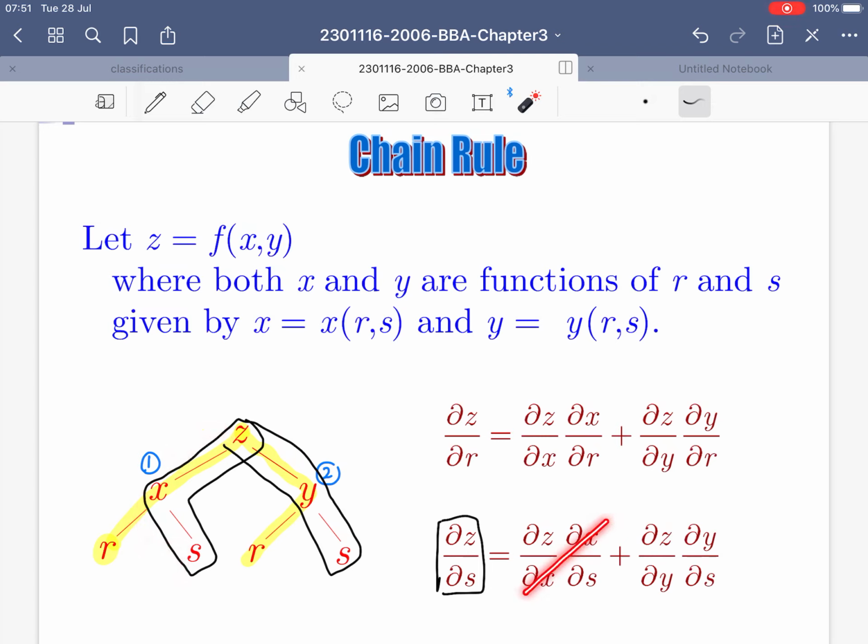The first possibility gives you your left hand side, and for the second possibility you go through the y and dy by ds. If you cancel here, it will give you your left hand side as well. So these two contributions combine to get what you really need.